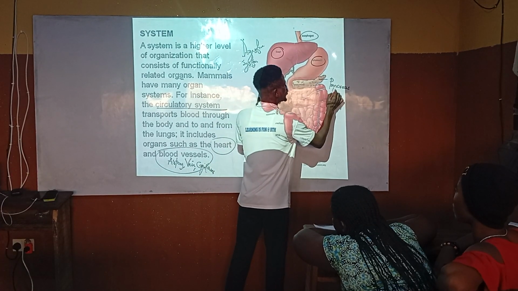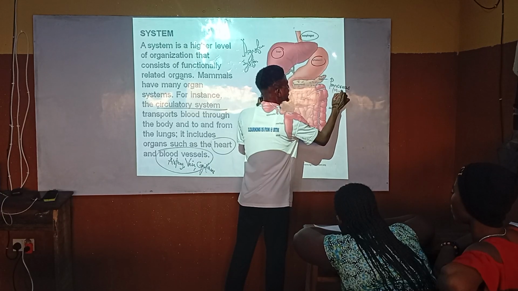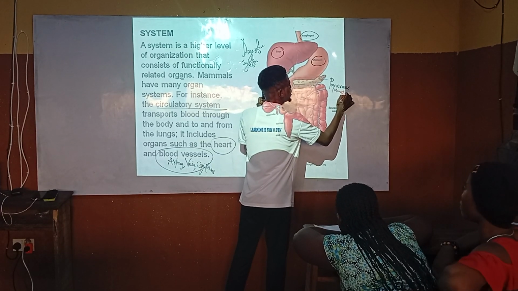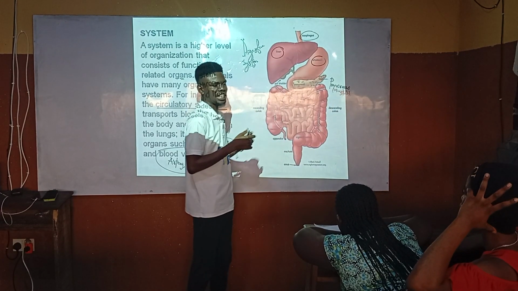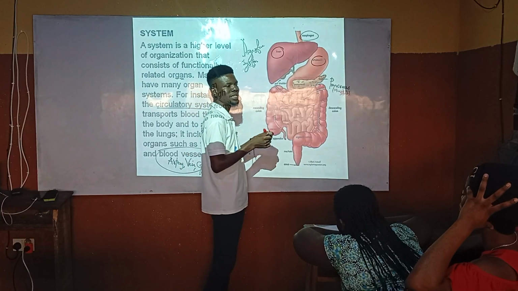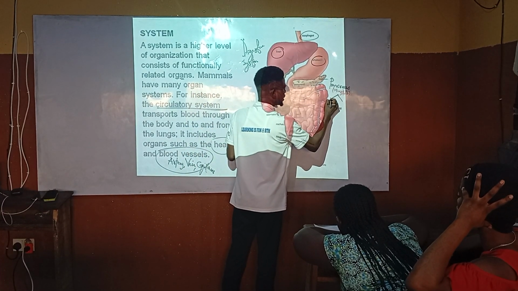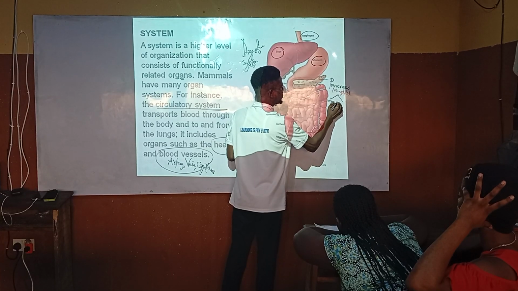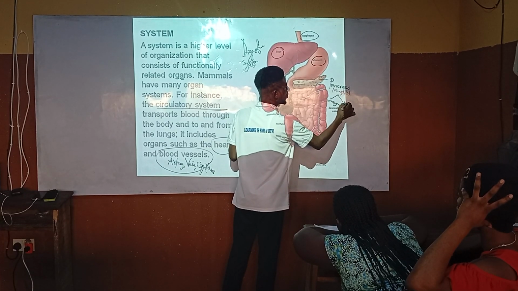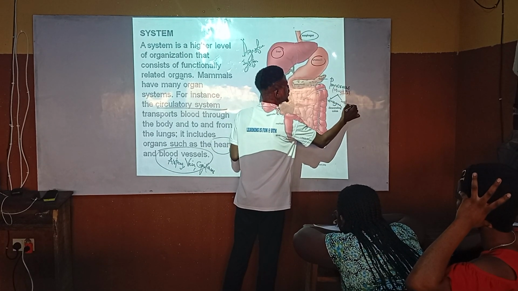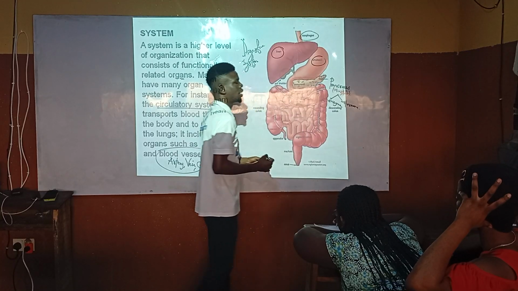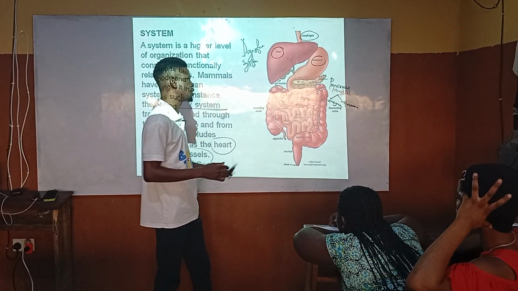Pancreas can be called a mixed gland. In case you are asked, which of the following is a mixed gland? The answer is pancreas. Why is it called a mixed gland? It can make enzyme and it can make hormone. That makes pancreas a mixed gland.